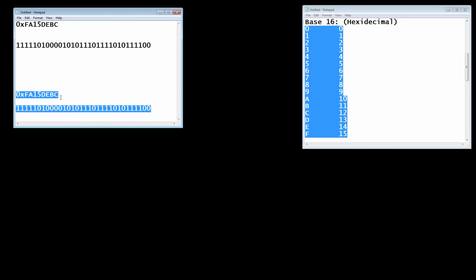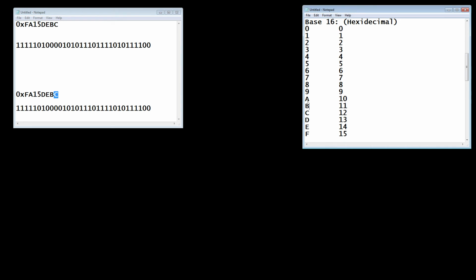Now, how is that possible? How does one use up more space than the other and one's like less? Well, since this is using more possible values for each character, that means we can have more values here instead of just having, for instance, the base 2 system.